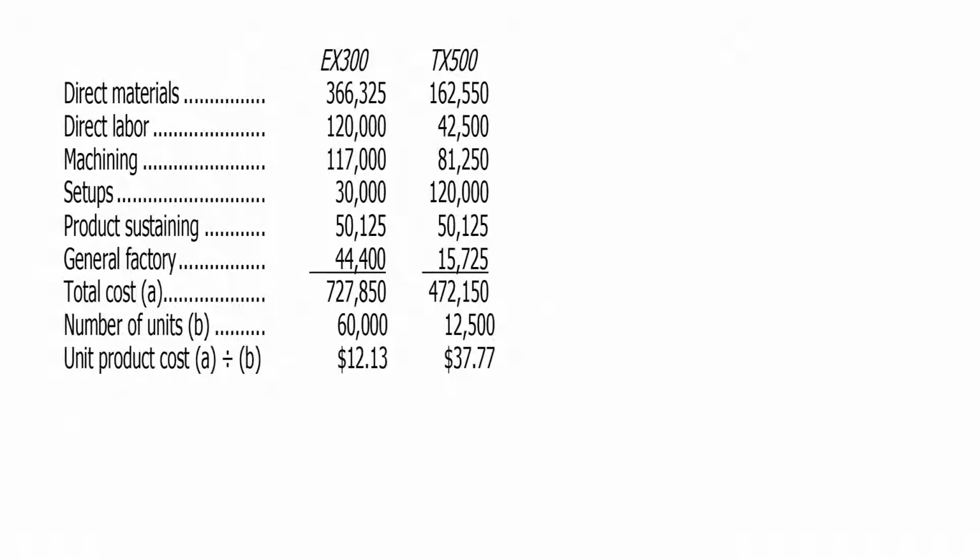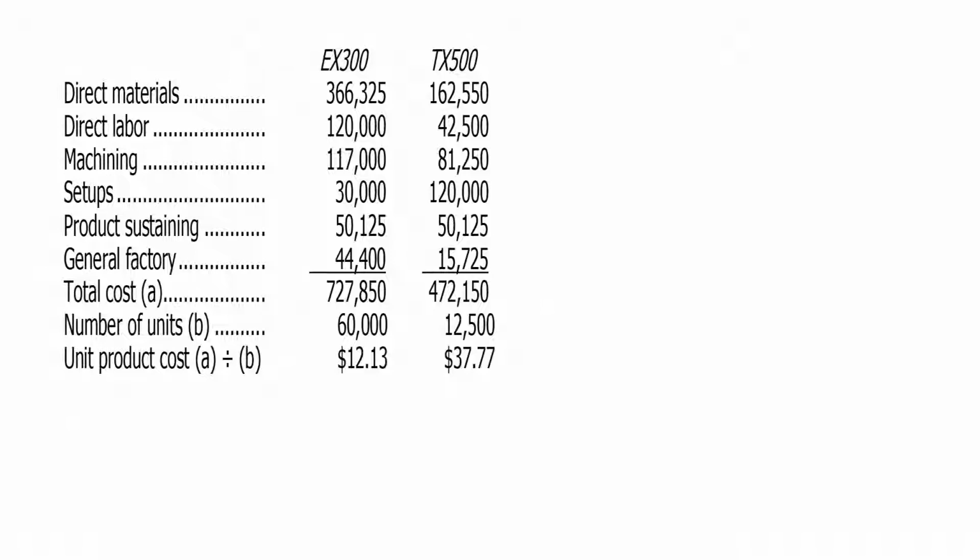The setups. We determined that to be $400 per setup. There's 300 setups, $120,000 of manufacturing overhead for the setup activity is allocated for TX500. The product sustaining is the $50,125 because there's only 1 product there. And then the general factory overhead is based on direct labor dollars of 42,500 times 37 cents per labor dollar, $15,725.